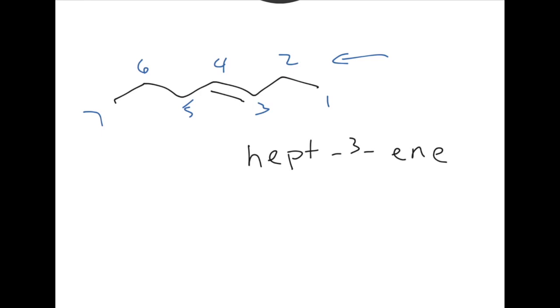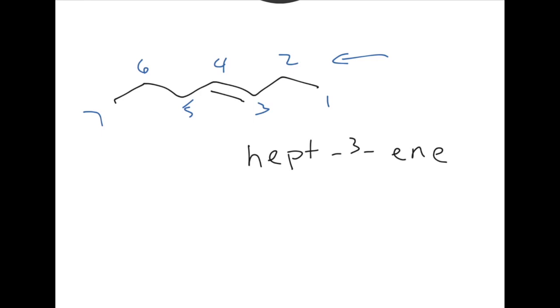The rule of thumb is that you only put the number that the double bond starts on, because the assumption is that if it starts on carbon 3, it goes to carbon 4. So you just have to put the first number, because then that tells you which direction it's going and everything.